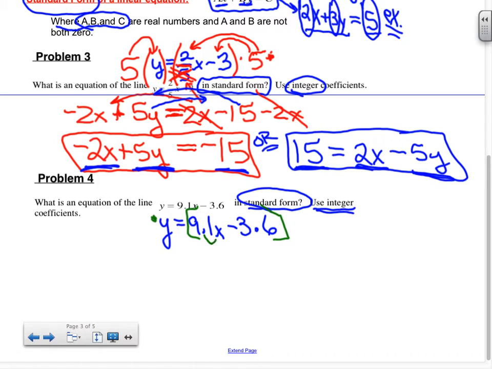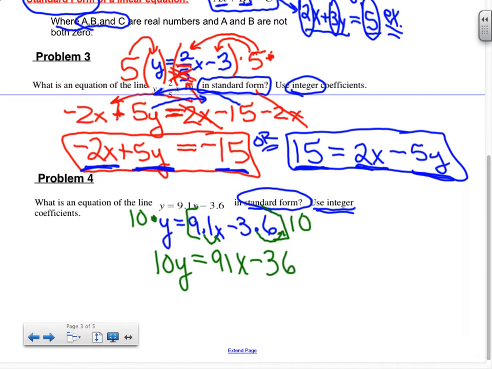If I move it one place to the right, all you have to do is multiply by multiples of 10. So if I'm only going one place to the right, it's just 10. If I wanted to move it 2 to the right, it's 100. 3 to the right, it's 1,000. But I only want to move it 1. So 10 times y, 10y. 9.1 times x is 91x. Negative 3.6 times 10 is negative 36. The decimals are now gone.